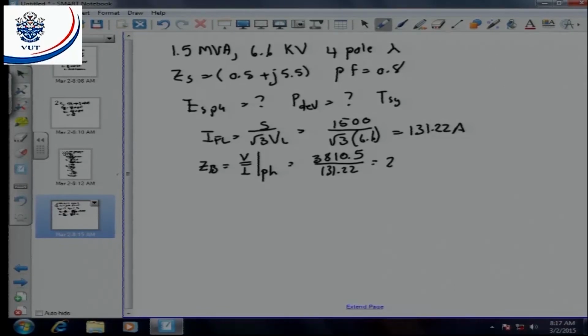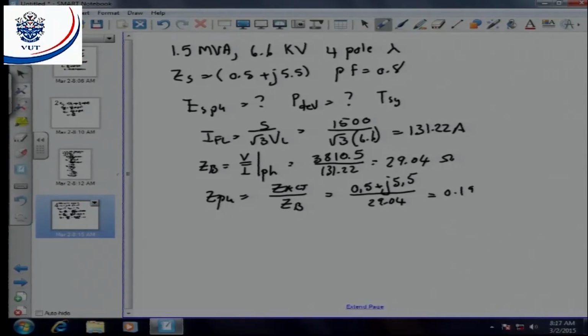It gives us an impedance of 29.04 ohms. To convert to per unit, that will be the actual divided by the base. So that will be 0.5 plus j5.5 divided by 29.04, which gives us a value of 0.19 at an angle of 84.81.